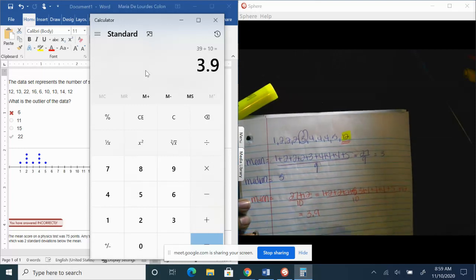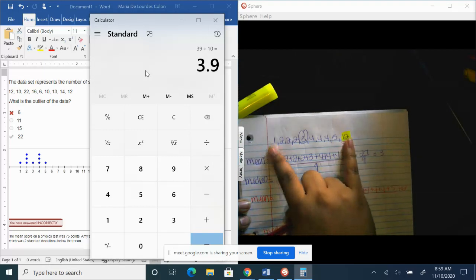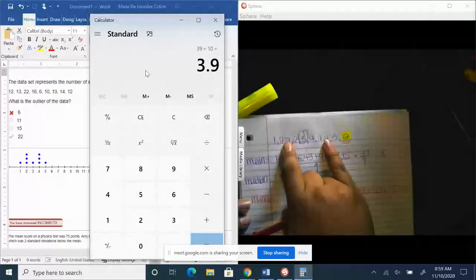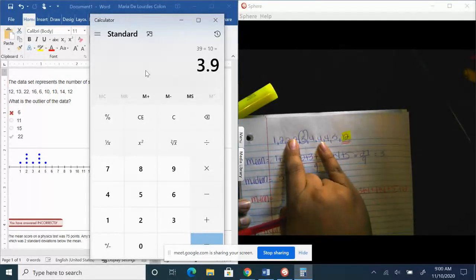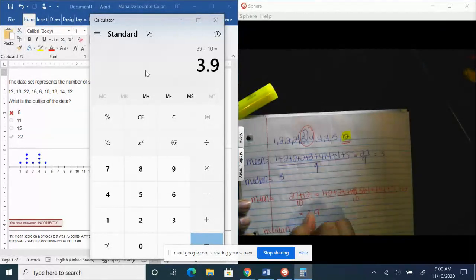Now our median is that middle number, including the 12 now. So working our way in: 1 and 12, 5 and 2, 4 and 2, 4 and 2. And for a median, we're left with 2 numbers. So remember, we take both of them, add them, and divide by 2.